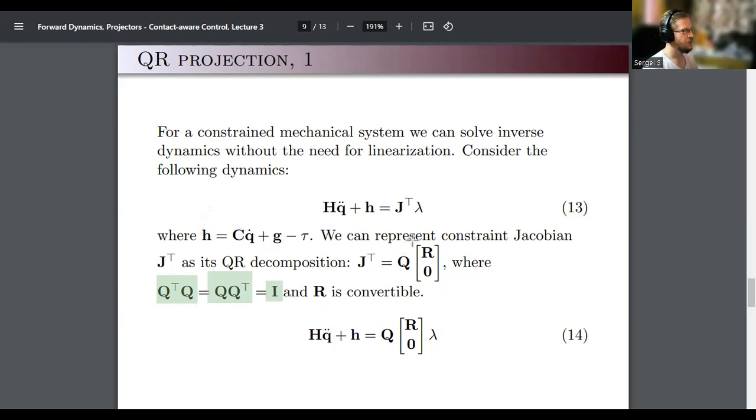Here, Q is an orthogonal matrix, and R is usually an upper triangular matrix. But what is important for us is that R is full rank. Sometimes it is upper triangular, but for us it is important that it is full rank. And Q is a rotation matrix, an orthogonal matrix.